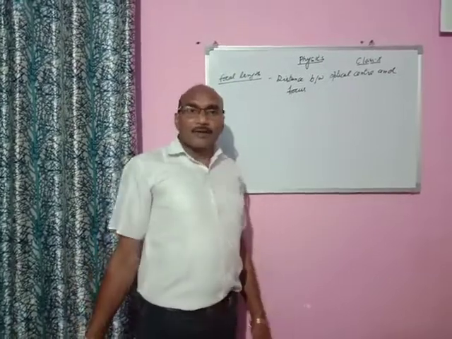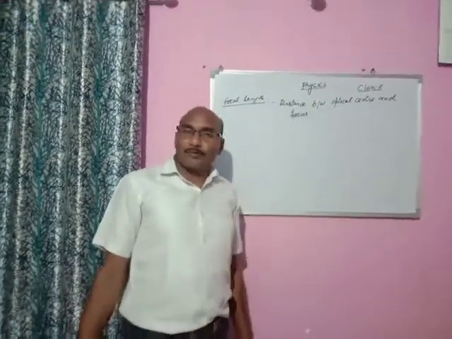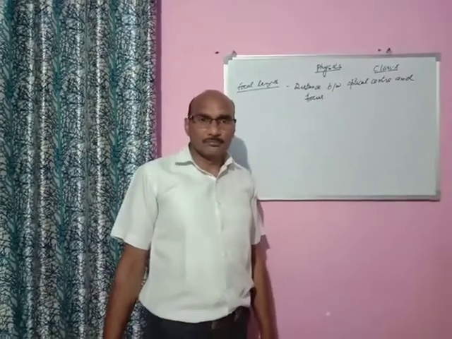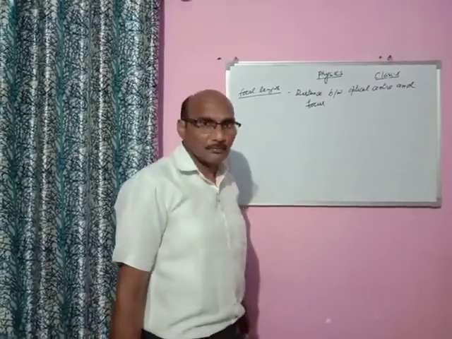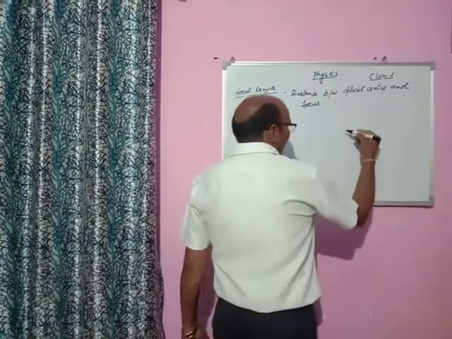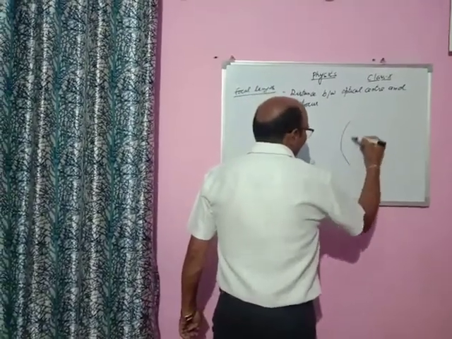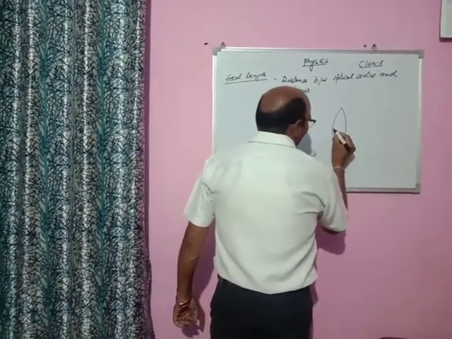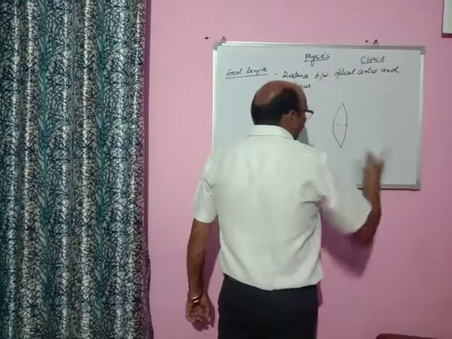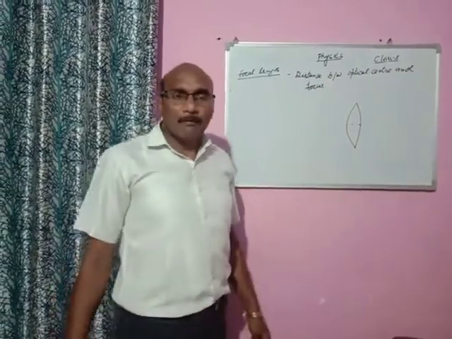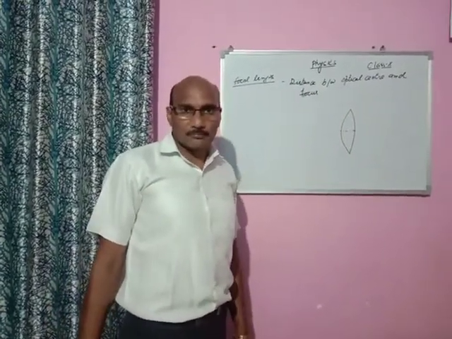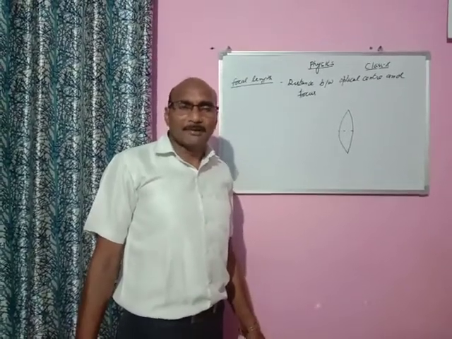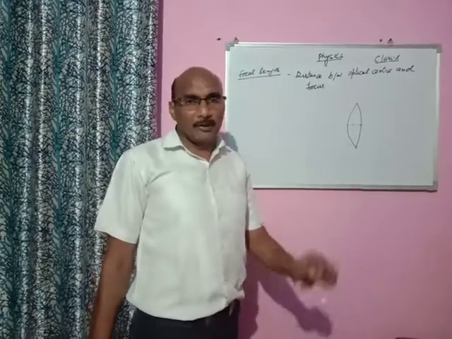Okay. Generally, one question is asked, not only in class 10th. This question is asked in class 12th also. They ask the question as: let there be one lens, and half part of the lens, either the downward part or the upward part, is covered by black paper or by any material through which light cannot pass.